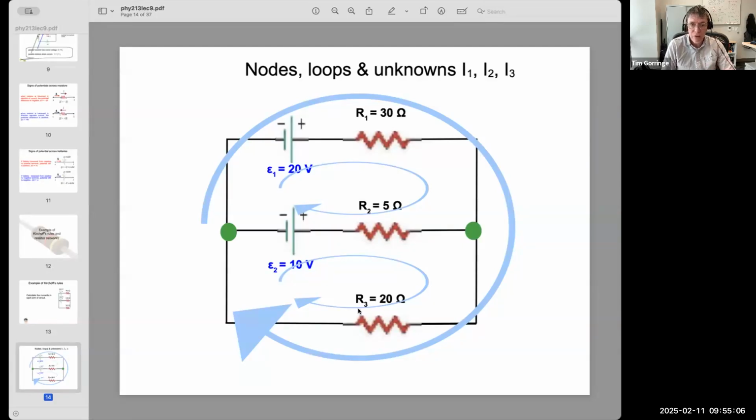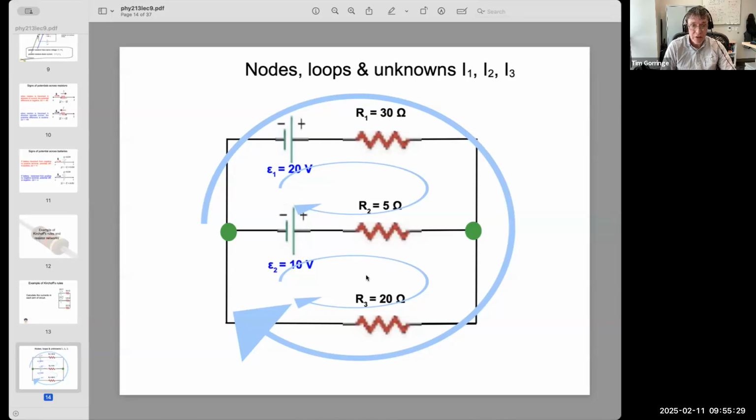So we've got 3 unknowns. I've just indicated 2 nodes and 3 loops. We could build 5 equations from 2 nodes and 3 loops, but we don't need to build all 5. To solve for 3 unknowns, we just need to build 3 equations. And so that's what we're going to do.